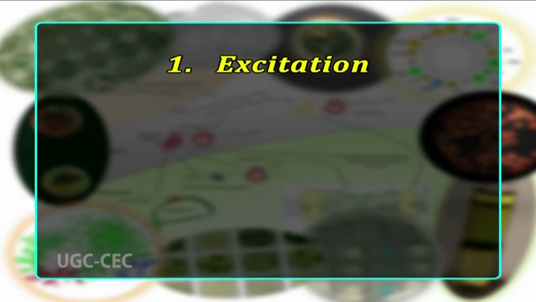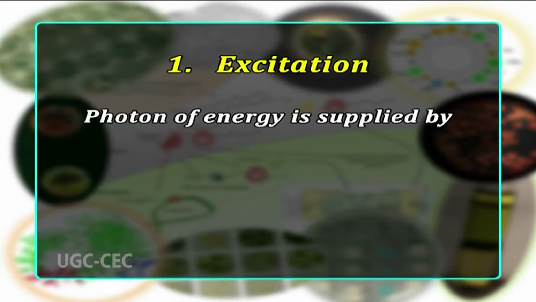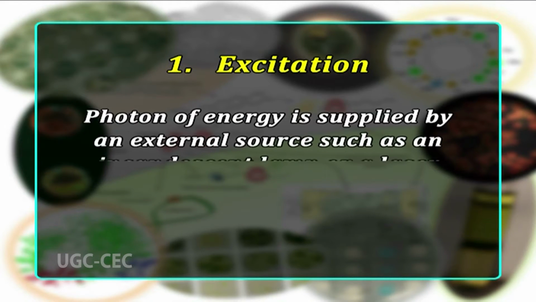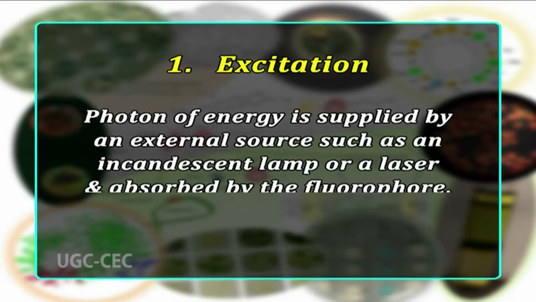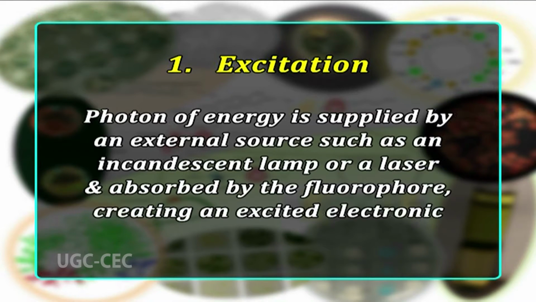Stage first, excitation. A photon of energy is supplied by an external source such as an incandescent lamp or a laser and absorbed by the fluorophore, creating an excited electronic singlet state. This process distinguishes fluorescence from chemiluminescence, in which excited state is propagated by a chemical reaction.